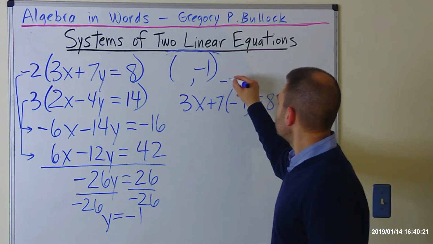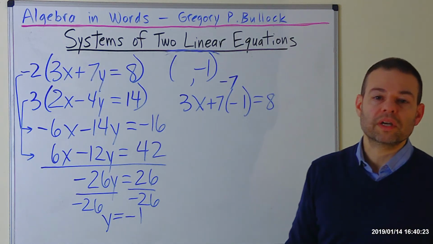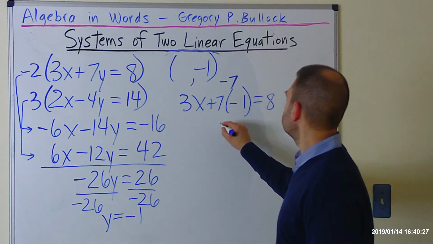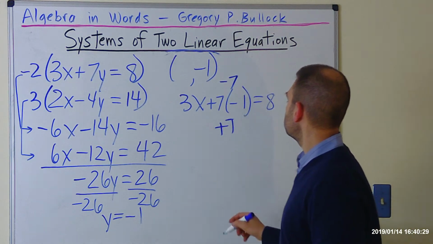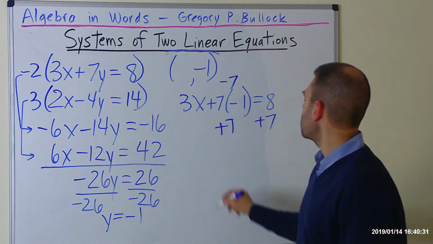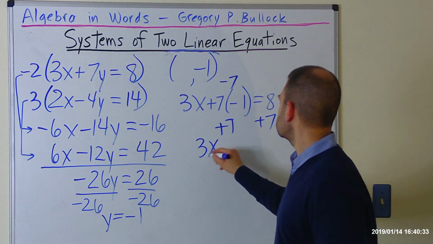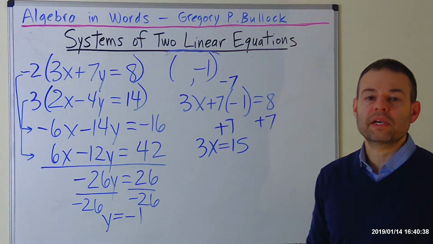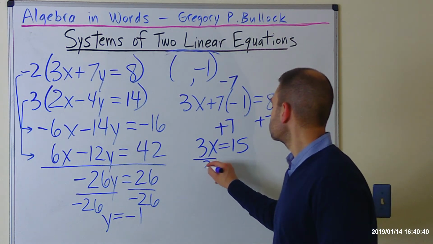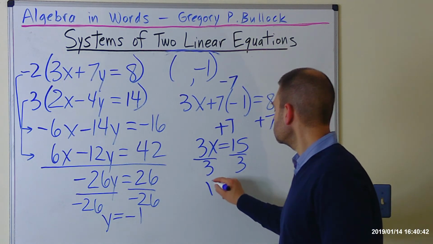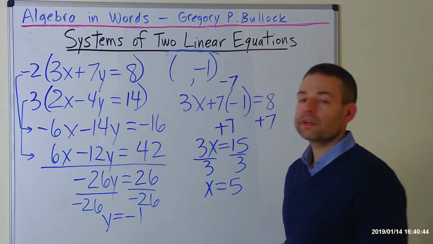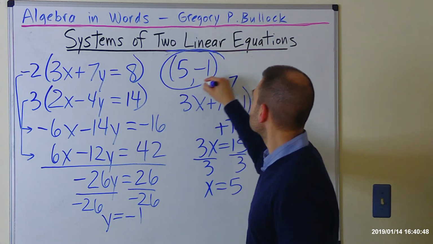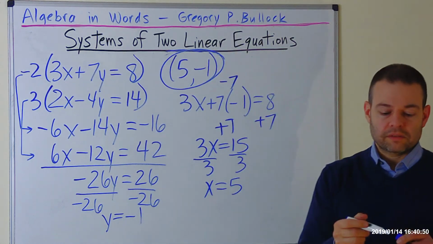Let me just put that here so that we know we're going to add 7 to both sides to move the negative 7 to the right. Plus 7, plus 7, and we get 3x is equal to 15. And now let's divide both sides by coefficient 3 to get x equals 5. And that's the answer to that problem.